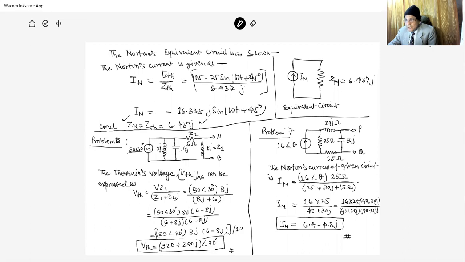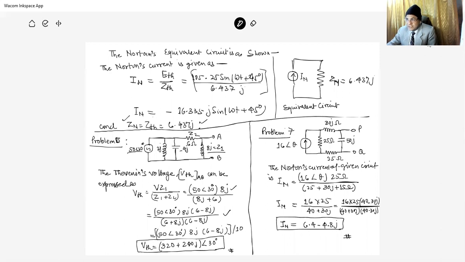So Thevenin's voltage VTH can be obtained. VTH is V upon Z1 plus Z2, that is 8 plus 6, divided by this impedance, and multiplied with this 8j, which is Z1. So VAB is equal to this value, and on solving, it is 320 plus 240 j angle 30.